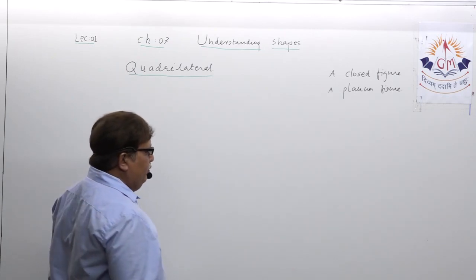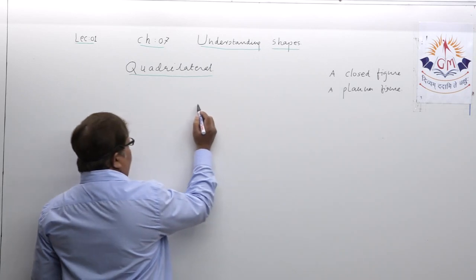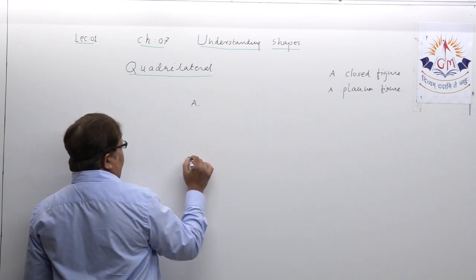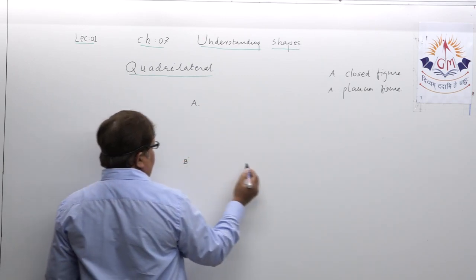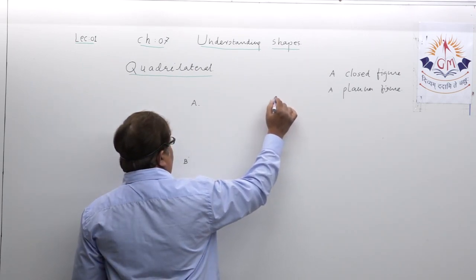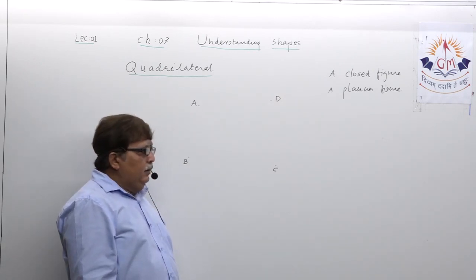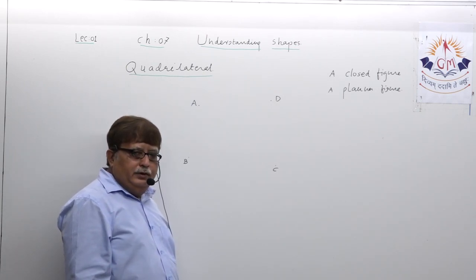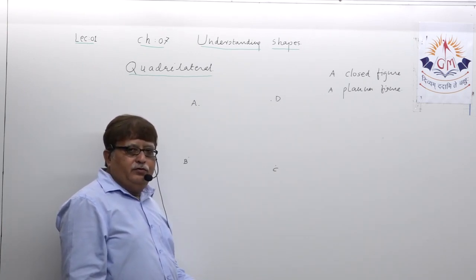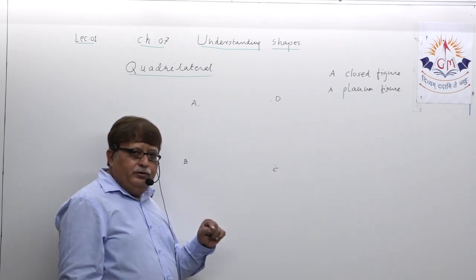Suppose on this planar board I take 4 points: point A, point B, point C and point D. I have taken 4 points in the same plane. We will consider the flat surface of this board as a plane.